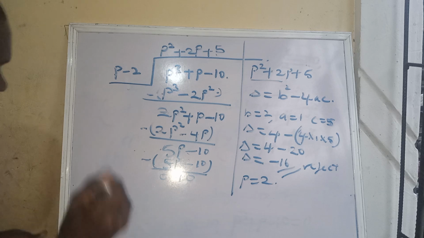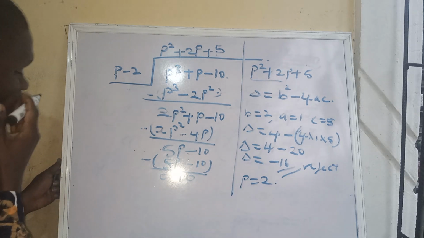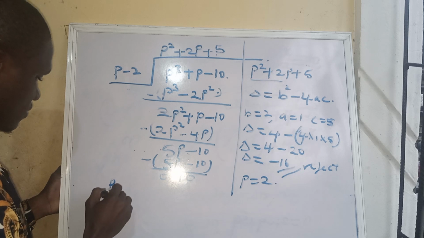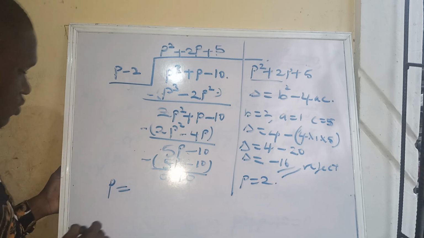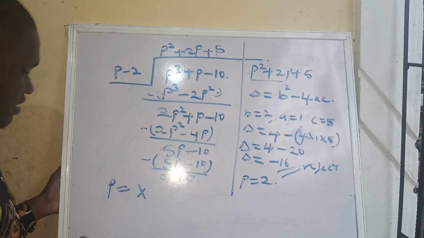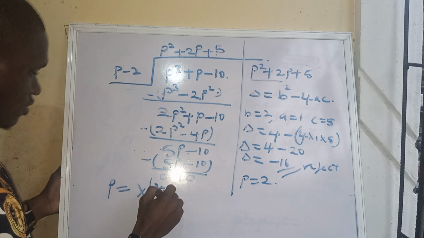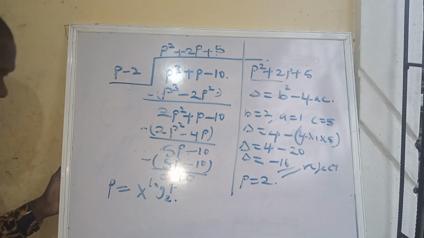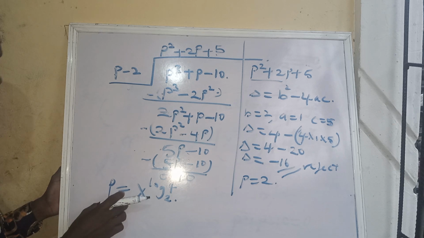Recall we said we are taking p equal to x to the power of log of 4 to base 2. We said this is our p.